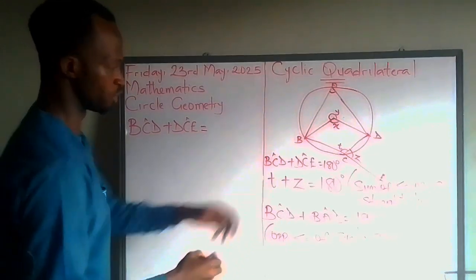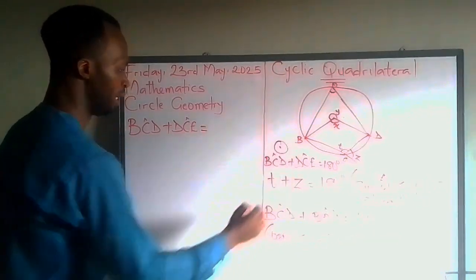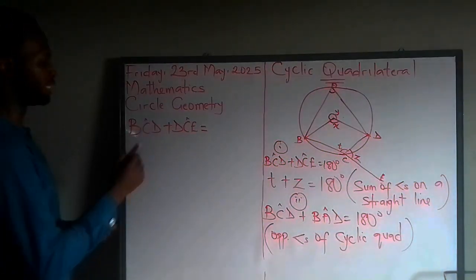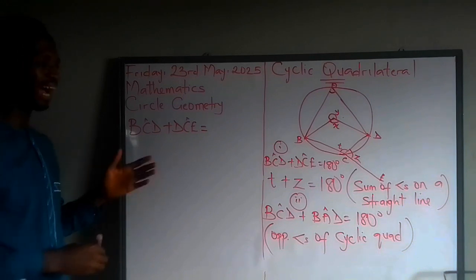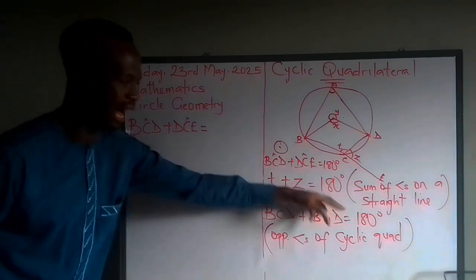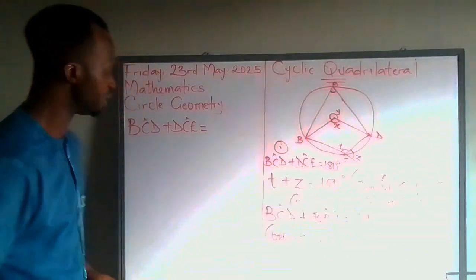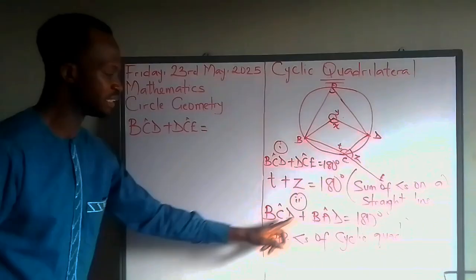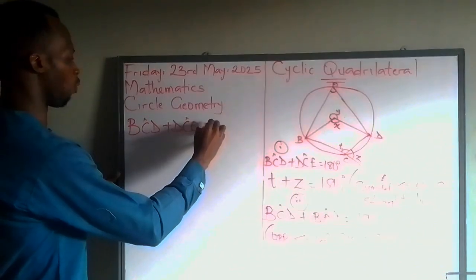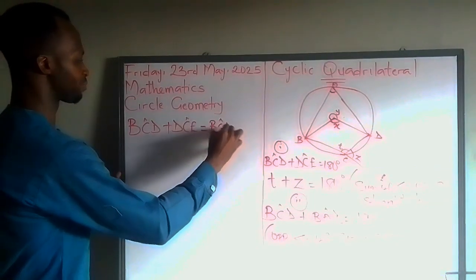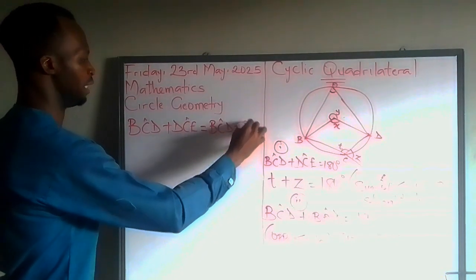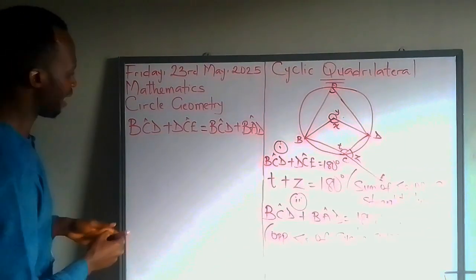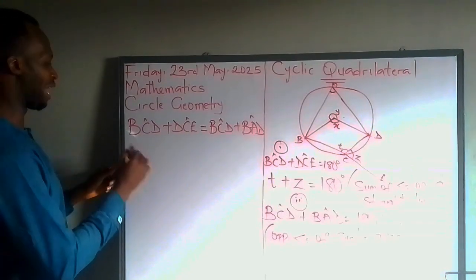What we are doing here is to equate equation 1 and 2, because both of them are equal to 180 degrees. BCD plus DCE is 180, BCD plus BAD is also 180. So if we simplify this, collect like terms.